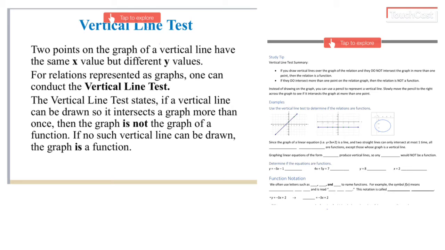I did note here that instead of drawing an actual vertical line in the graph, you can simply lay your pencil down vertically on your graph and move it slowly from the left to the right. And then when you do that, if the graph drawn on the paper intersects your pencil more than one time on that vertical line, then it is not a function.